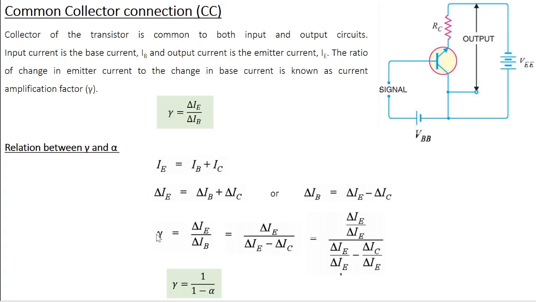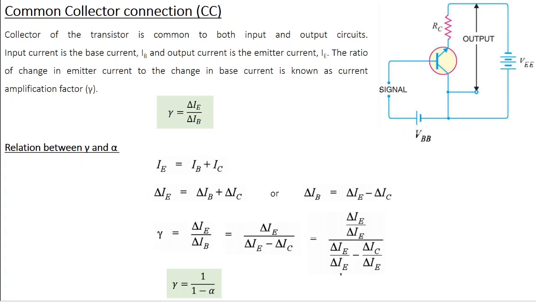Gamma now becomes delta IE divided by delta IE, whole divided by delta IE by delta IE minus delta IC by delta IE. So numerator is 1, divided by 1 minus delta IC by delta IE, which is alpha. So gamma equal to 1 divided by 1 minus alpha. So this is how the current amplification factors are related.